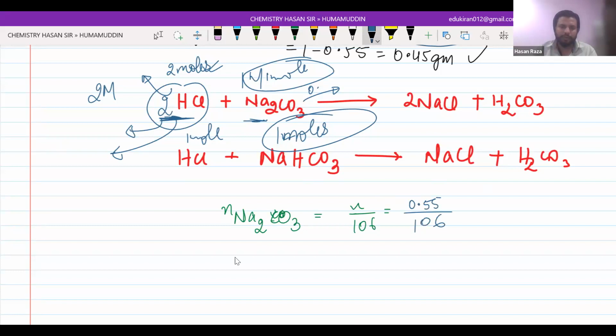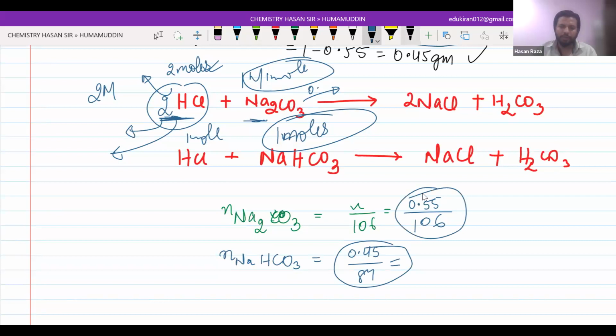Along with this, you can easily calculate the number of moles of NaHCO3, which is 1 minus X, that is equal to 0.45 divided by 84. And you can get this number of moles. Now what you need to do, it's very simple.